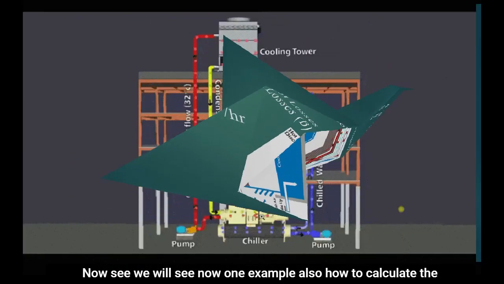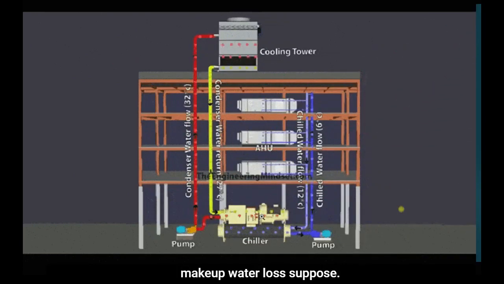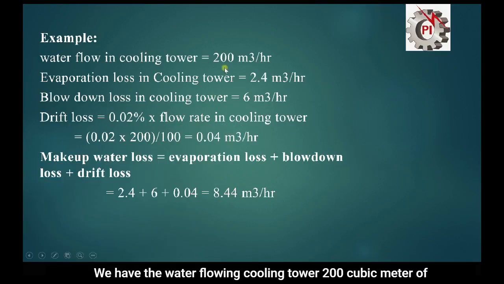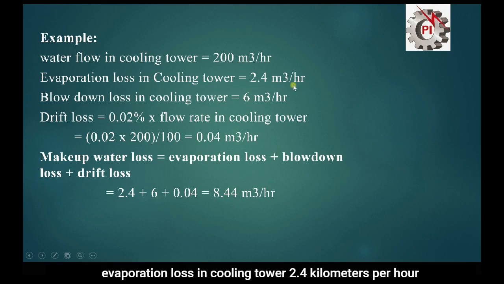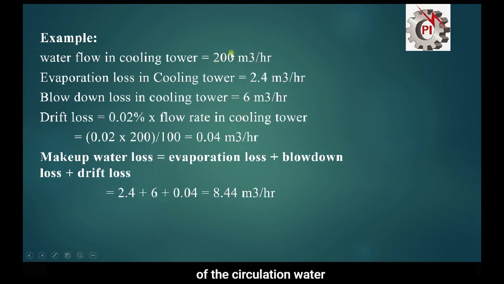We will now see an example of how to calculate the makeup water loss. Suppose the water flow in the cooling tower is 200 cubic meter per hour, evaporation loss in the cooling tower is 2.4 cubic meter per hour, and blow down loss is 6 cubic meter per hour. For drift losses, as we said before, we normally take 0.02% of the circulation water.